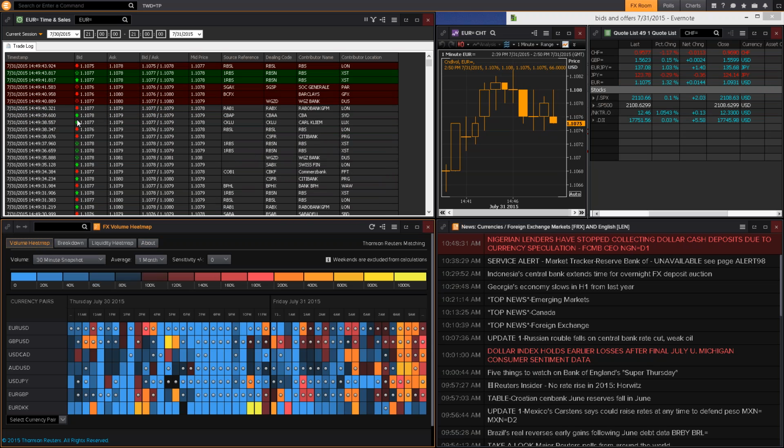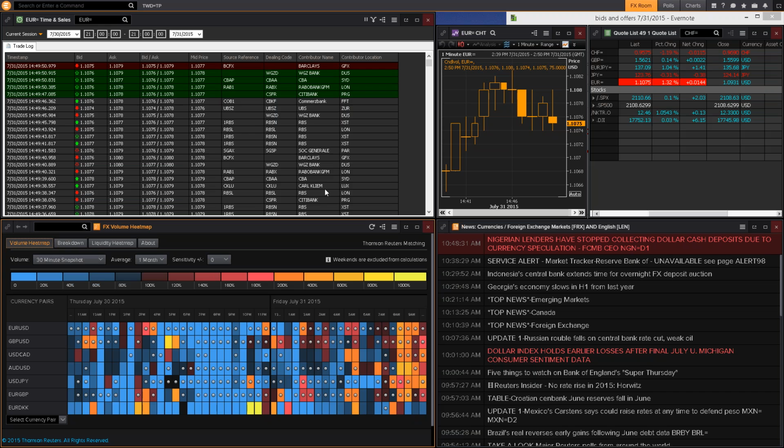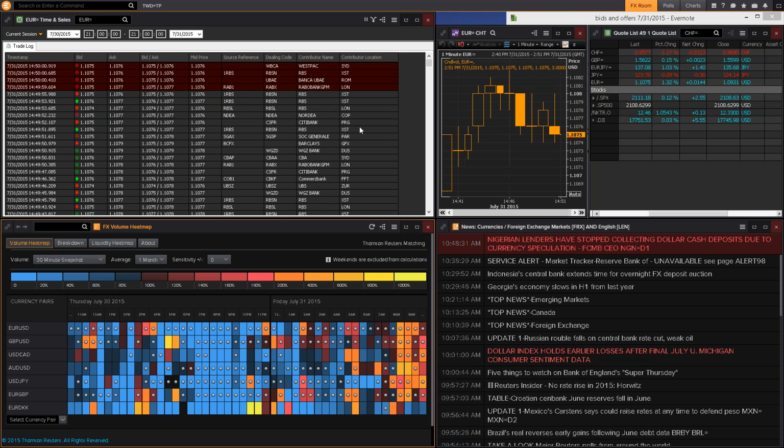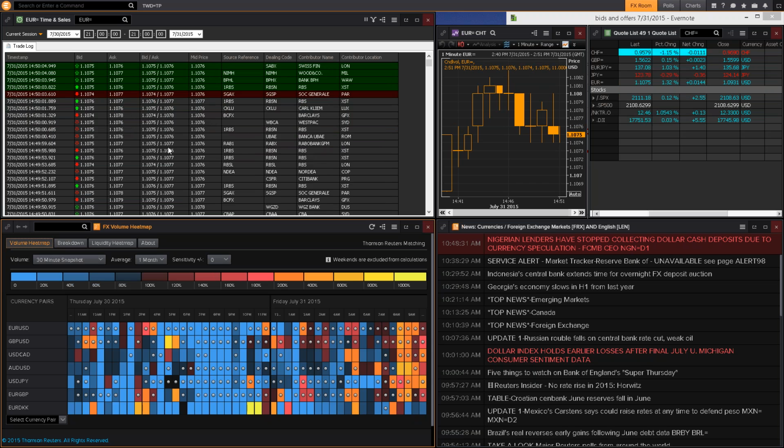You have to look at the chart in this section and see how many times those banks are bidding the price up. It seems kind of crazy to you at this point because you don't have access to the time and sales. There's a timestamp down here, but there is no volume attached to it.